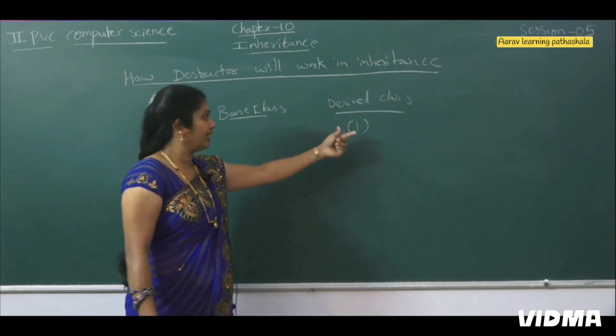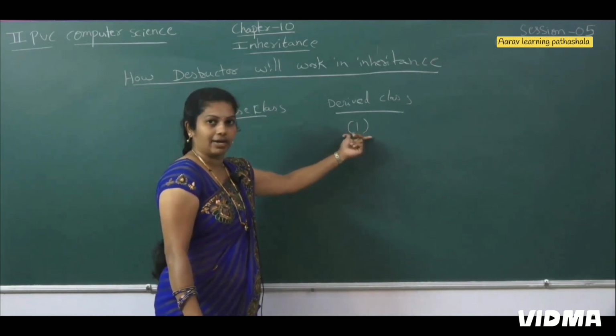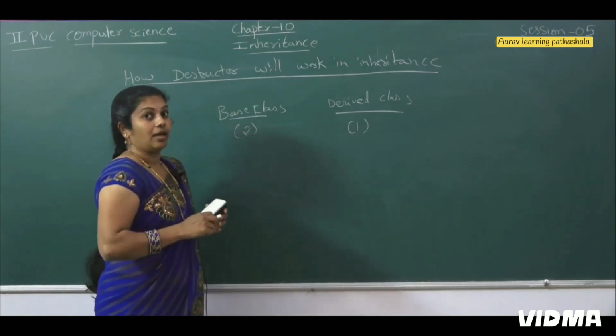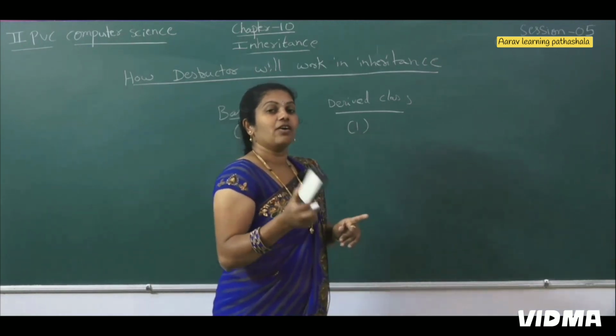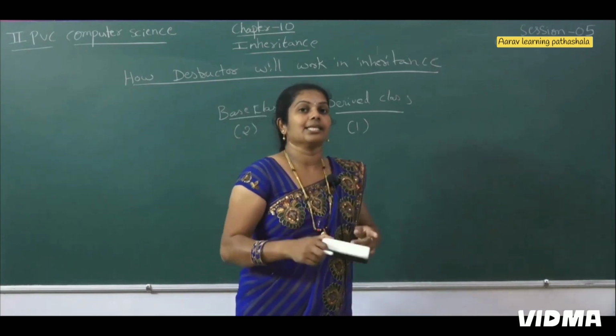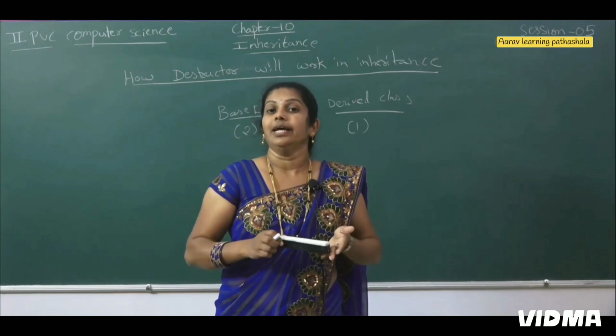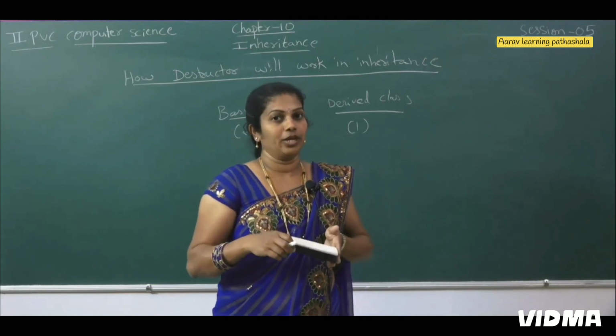When demolishing, it will compulsorily execute first in the derived class, later on in the base class, especially in the destructor. If you have constructors, in that case first the base class constructor will execute, then later on the derived class constructor will execute.